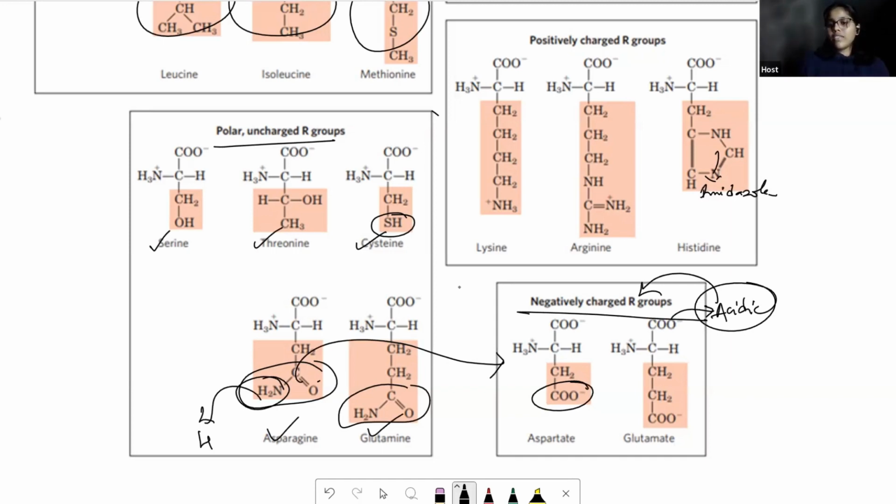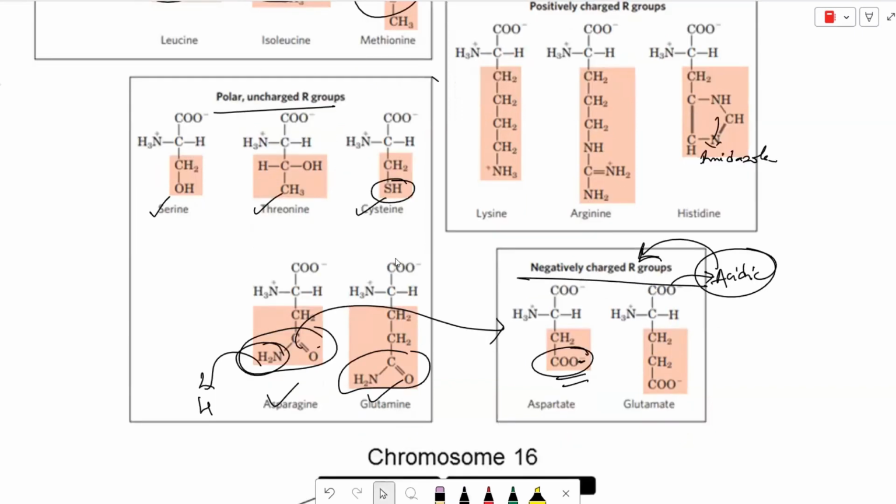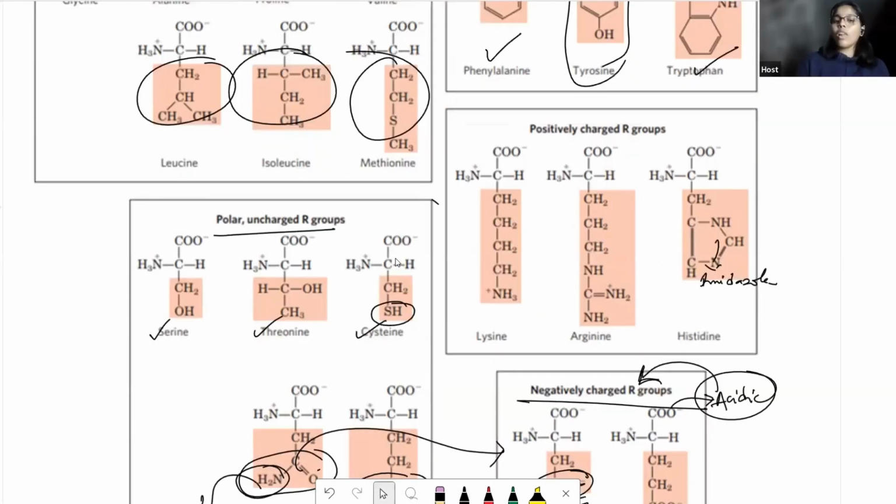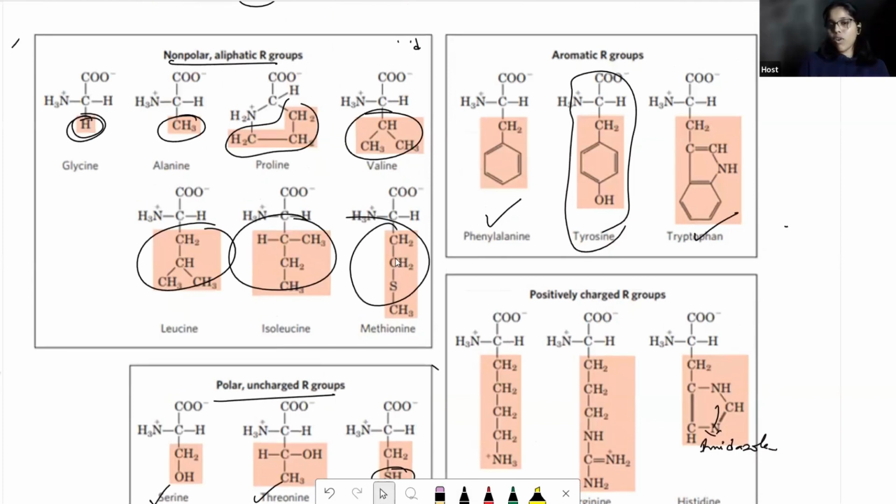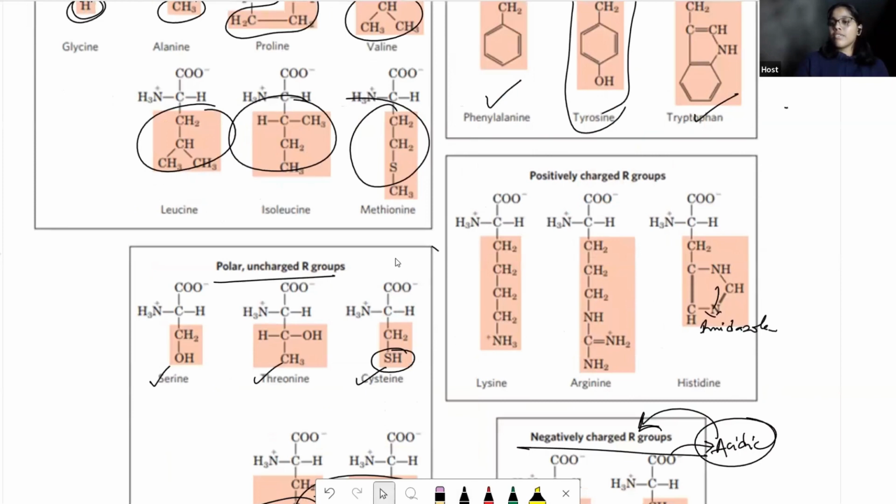Why is it negatively charged? Why is CO written as minus here? Because it has given its H plus. All the amino acids that we have mentioned here are at physiological pH. We are talking about these amino acids at physiological pH.